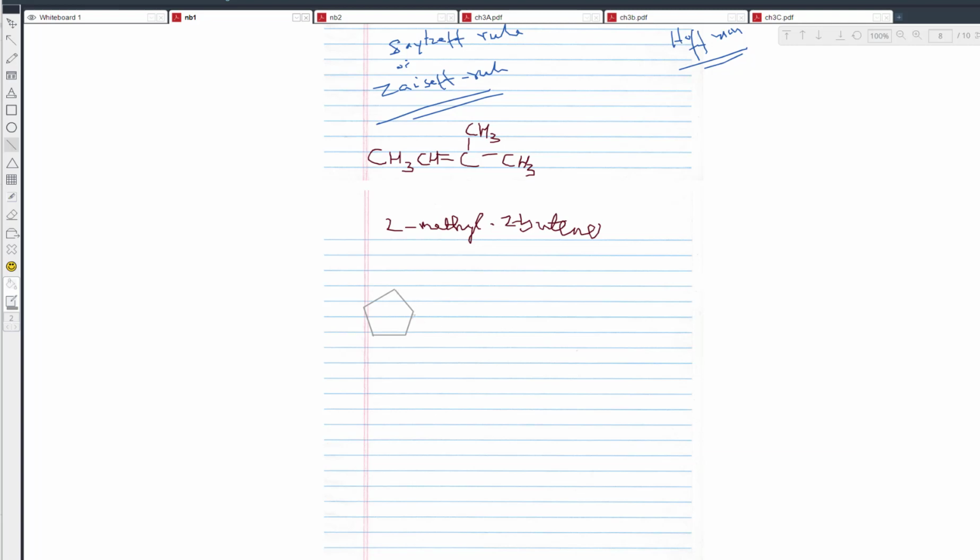Just use the H2SO4 method and you will get the product. All right. So these are my two options, right? Yes. So which one is going to be the major product?